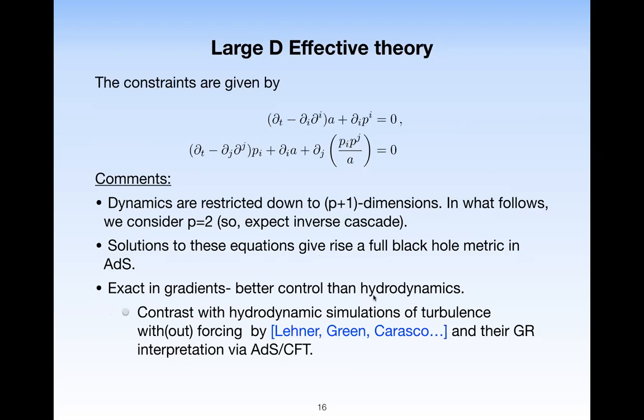But when we do this truncation, we get unphysical features that manifest themselves either as non-causal evolution or as instabilities. And this is true for both relativistic and non-relativistic systems. Then one has to modify the theory by hand to remove these unwanted features. Here we are not doing a hydrodynamic expansion. We are exact in gradients, so we don't need to worry about this.